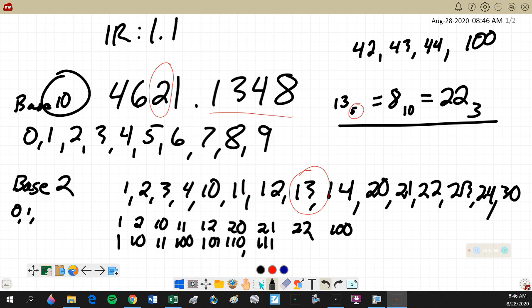No 2. 1000. 1001. 1010. 1011. And then 10,000. Does that look familiar? Oh, I skipped some. Sorry. There we go. I skipped 2. Thanks, Money.